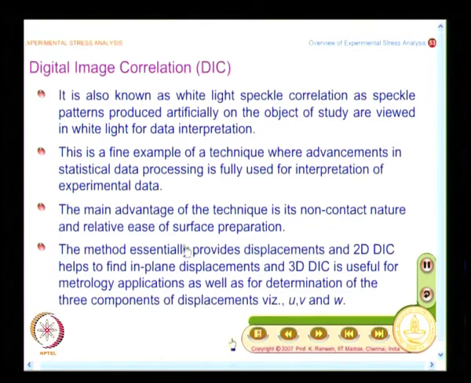And here again, you do not need a complicated surface preparation, but I should caution that speckle formation is not simple. You have to have randomness, you have to have particular characteristics, and you have to develop skill in forming speckles. The size of the speckle matters, because you can do multi-scale analysis; depending on the scale on which you operate, you need to have the correct size of the speckle.